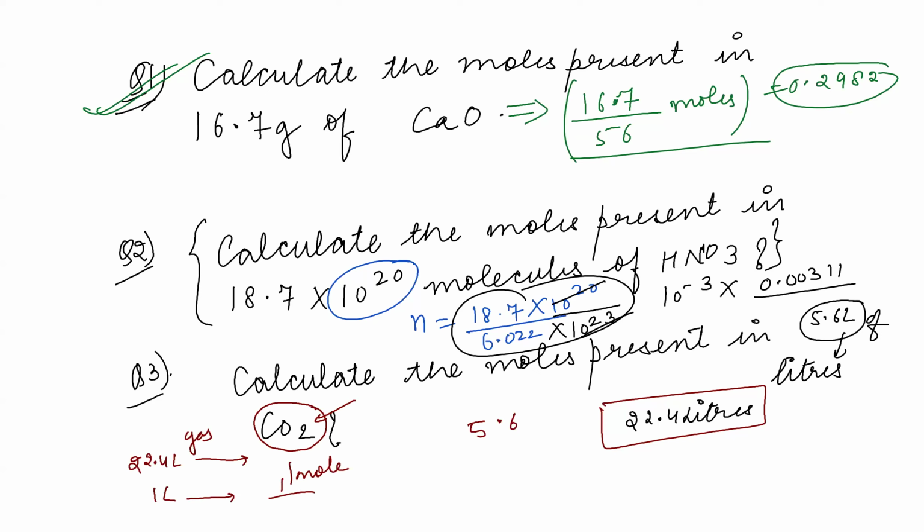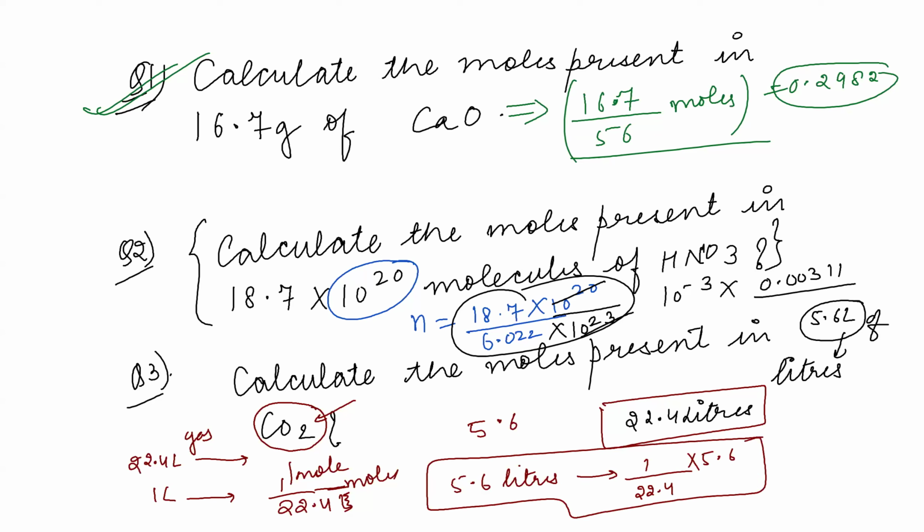So 1 liter will make 1 by 22.4 moles, and 5.6 liters will make 1 over 22.4 into 5.6, so it becomes 1 by 4. That's the idea here. Any doubts in this?